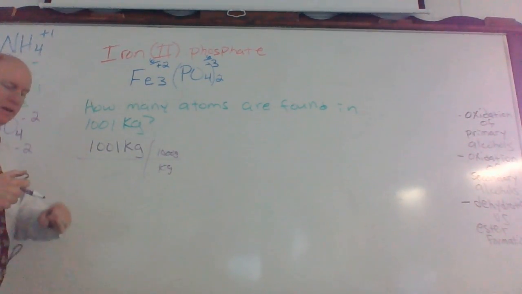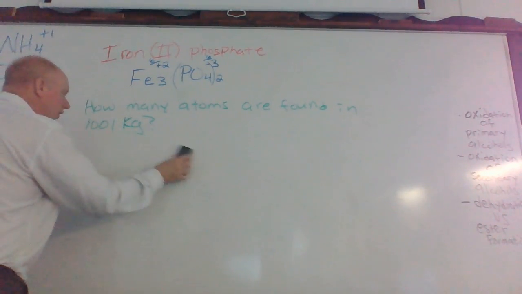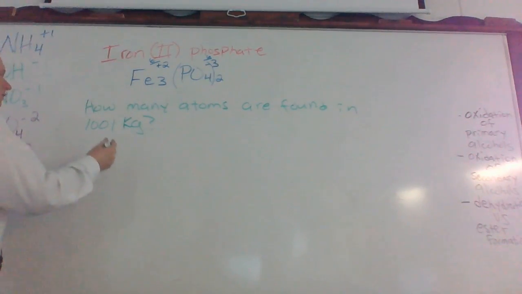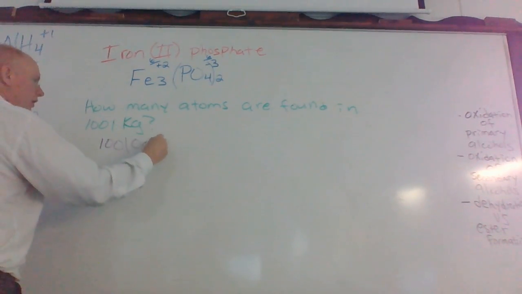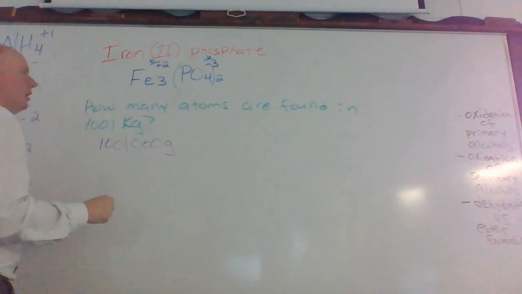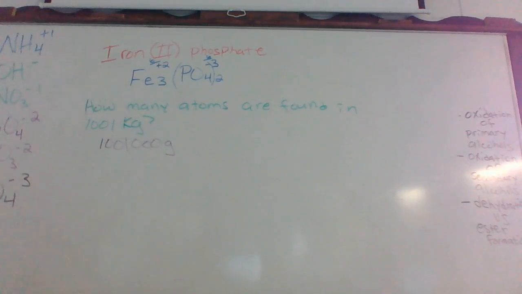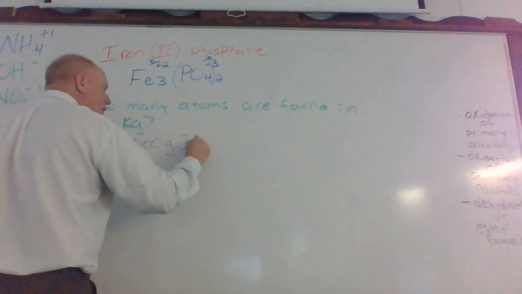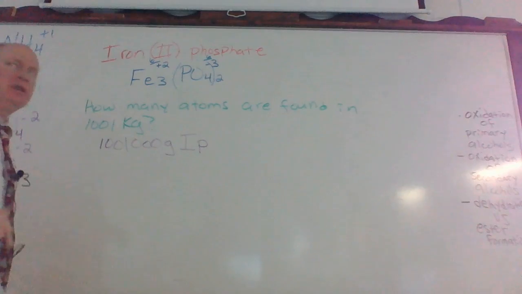That's what we're saying by multiply by 1,000. So then, what we can write down then is 1001,123 grams now. So one of the things we can do, rather than writing out Fe3(PO4)2, since we know this is iron phosphate, we can just do this. Just so you know that that's iron phosphate, because you're going to have to add all of them together.